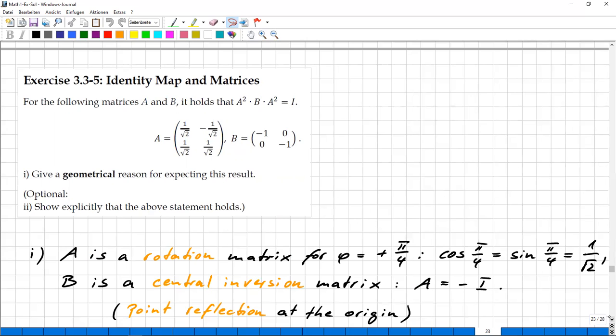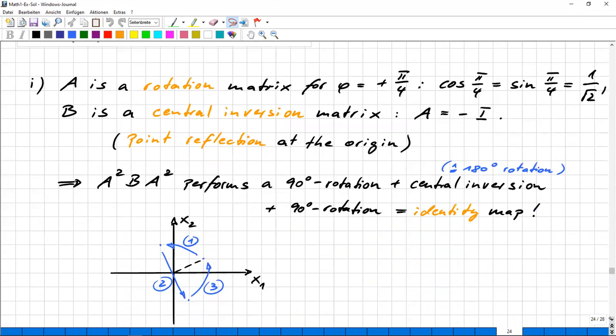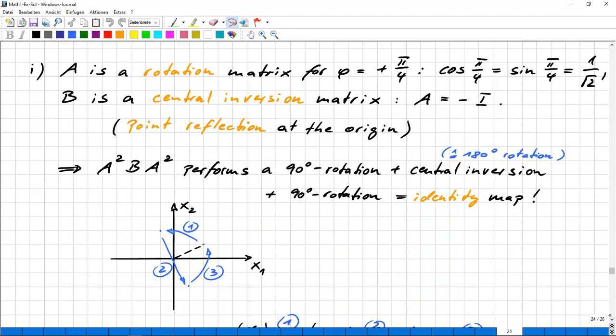So that's why, in the end, if we do this, which means we rotate by a right angle, then we perform a central inversion, and then again we rotate by a right angle, we have the identity. And this is what I just sketched in this little picture here. Imagine just any point, start here.